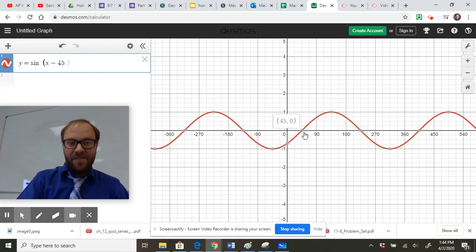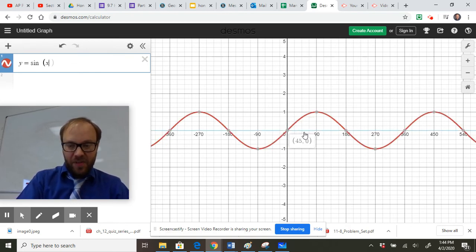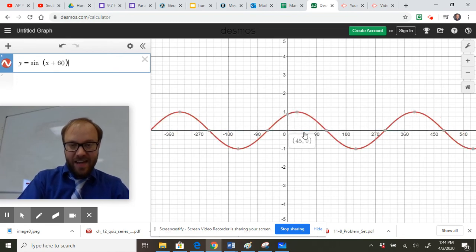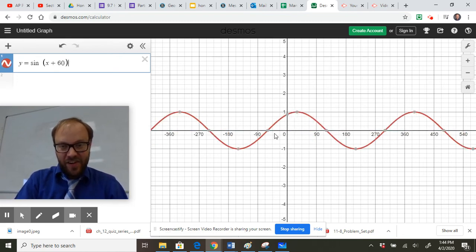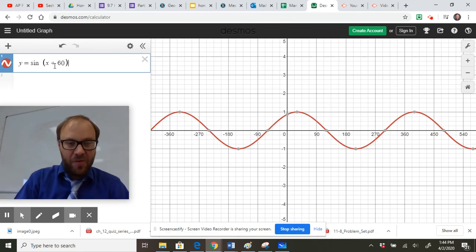If I do x + 60, it's going to move this thing 60 degrees to the left. So if you add, it'll move it to the left. If you subtract, it'll move it to the right, kind of the opposite direction of what you think. But that has to happen inside parentheses.